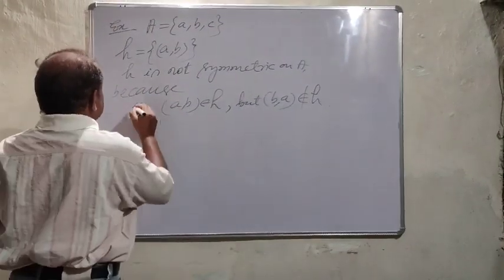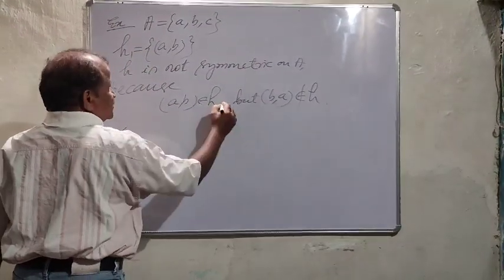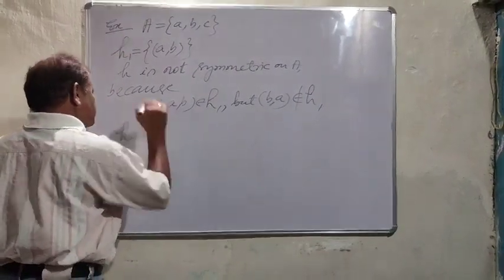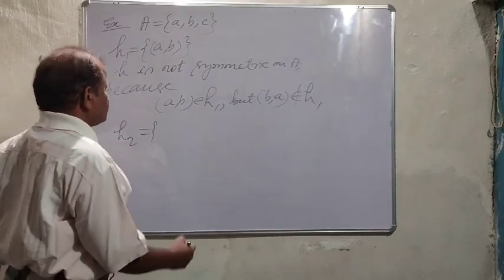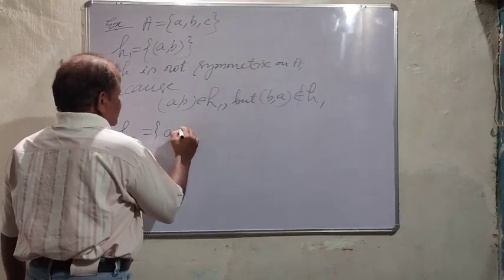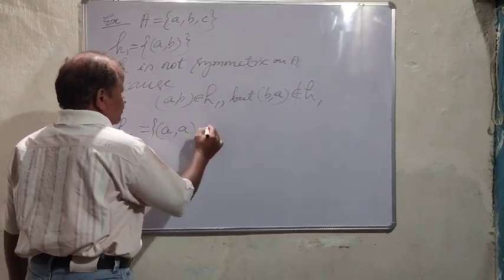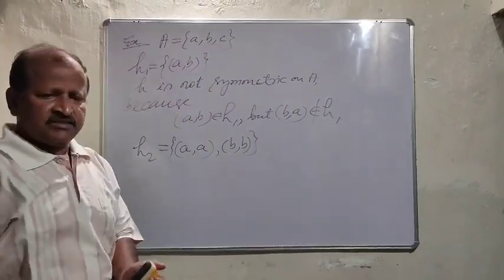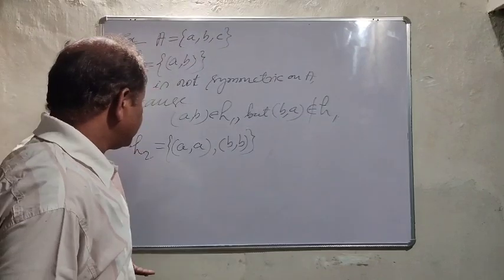Now suppose H2, we will take {(a, a), (b, b)}. Is it symmetric?